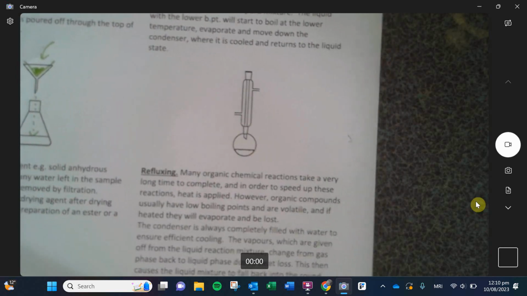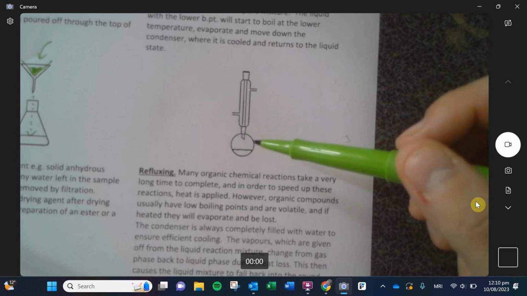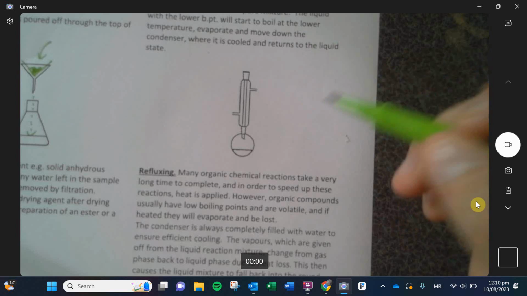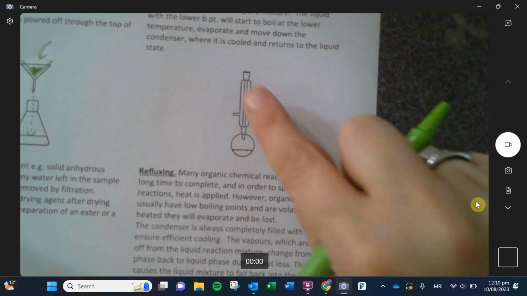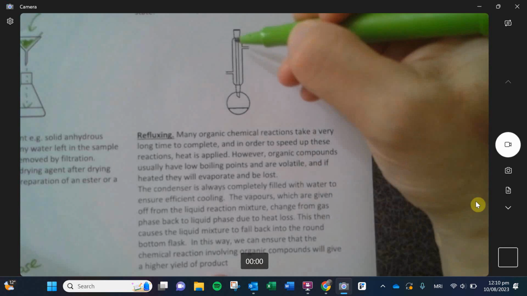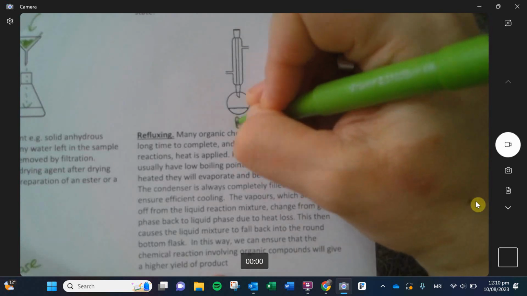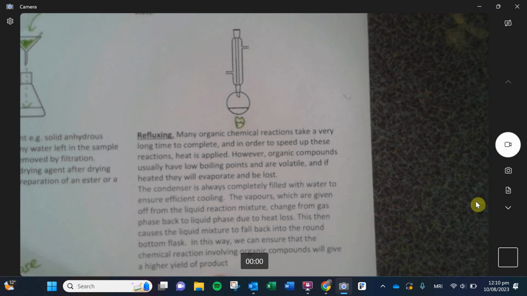Last bit of equipment is your refluxing. It's a very similar setup to the distillation setup. The only difference is that instead of it being connected to another flask, there's actually a plug to hold it off. And so what happens is you're heating the chemical reaction. So again, it increases that rate of reaction. It increases our yield.